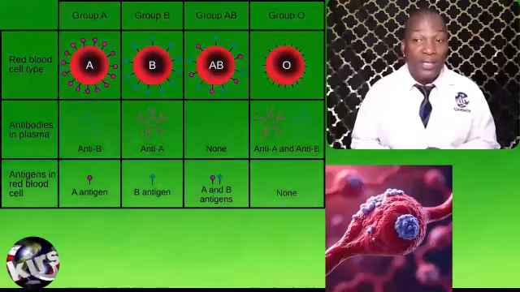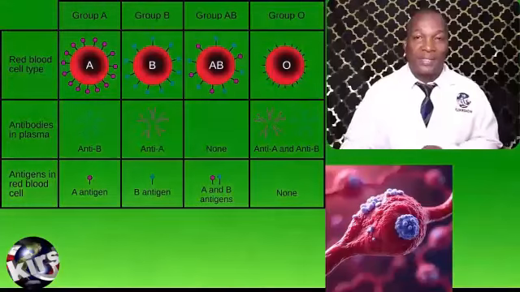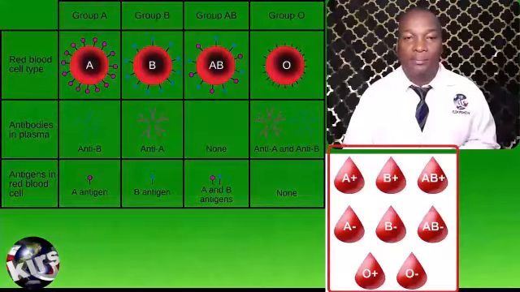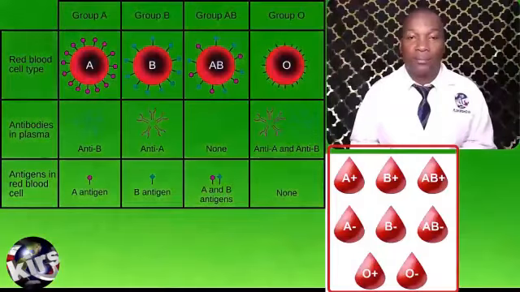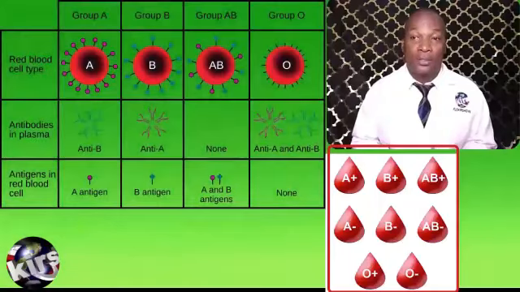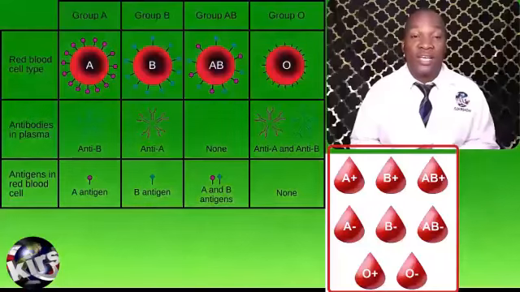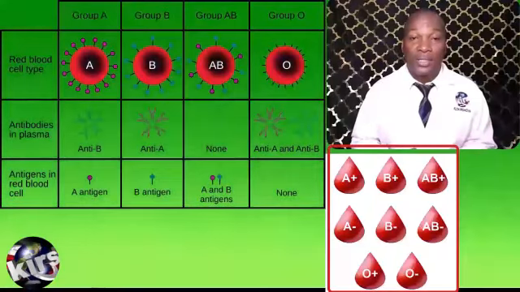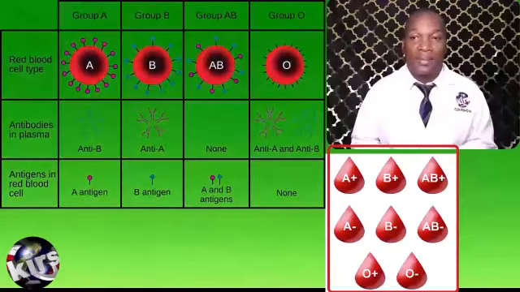There is one more critical factor, what we are referring to as the rhesus factor. And what is the rhesus factor? The rhesus factor or RH factor is another protein found on red blood cells, and it was discovered around the 1940s during research on rhesus monkeys, hence the name rhesus factor.